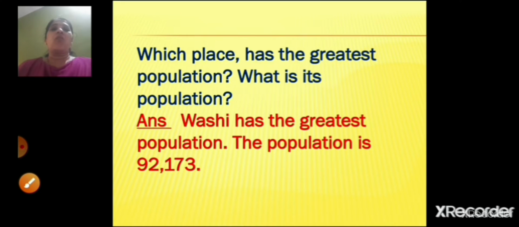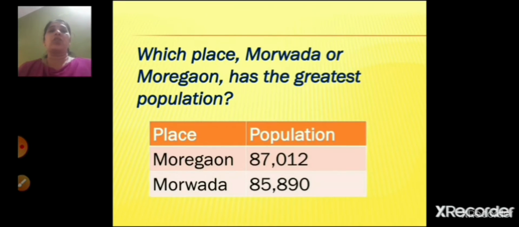But now if you see to the next number, right, it is 2 and here it is 1. So that means 2 is the largest one. So that means Vashi 92,173, that is the largest number, right? So in the answer we will write Vashi has the greatest population and the population is 92,173. Let's move to the next question.